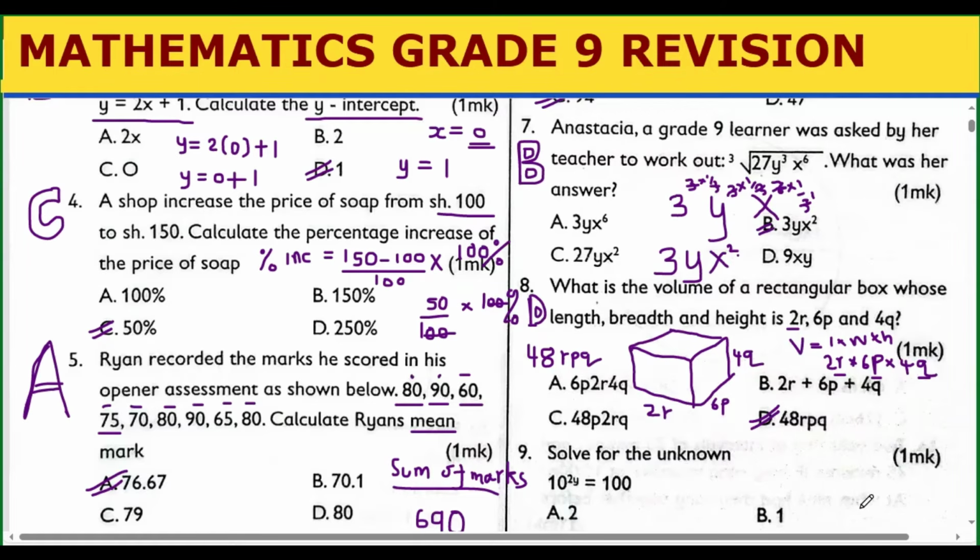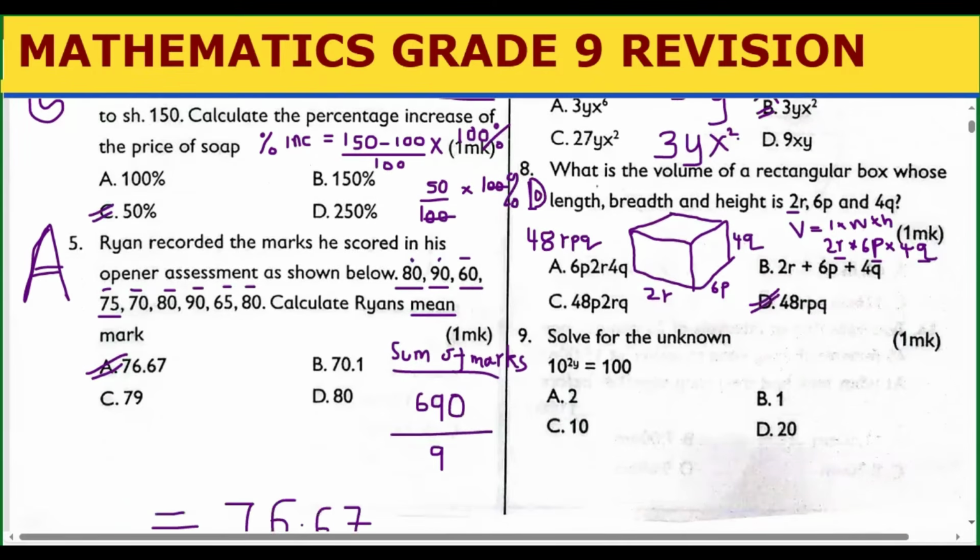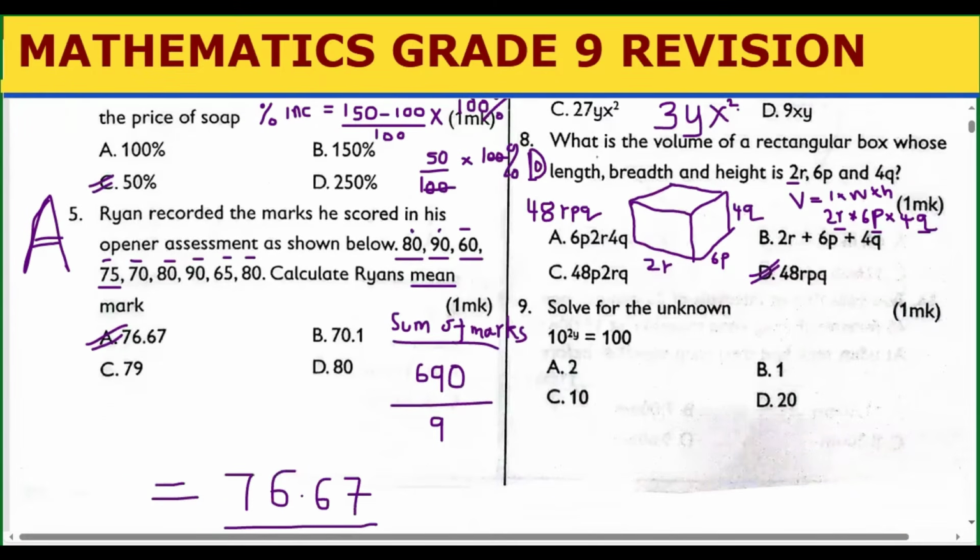Number 9. Solve for the unknown. Let us read. We have 10 raised to 2y equals 100. Take 100 and split it by 10. It becomes 10 by 10, so it is 10 squared.